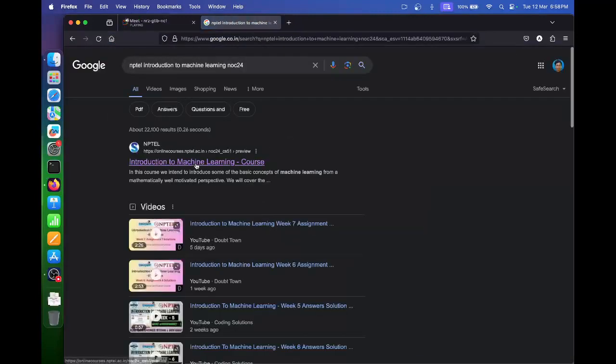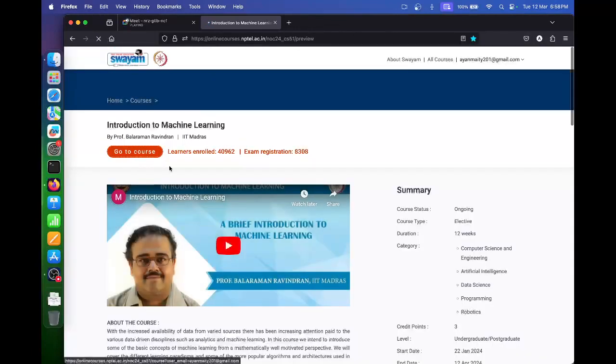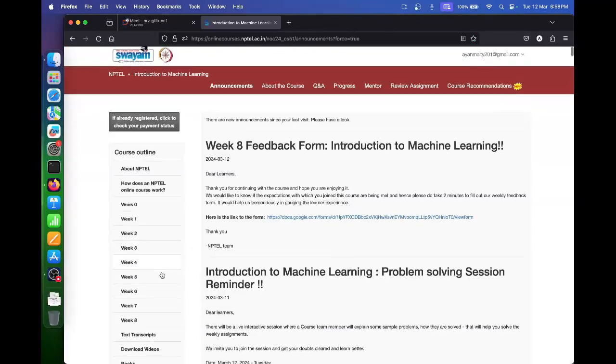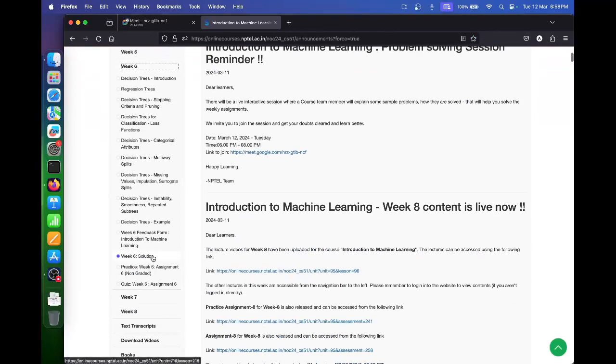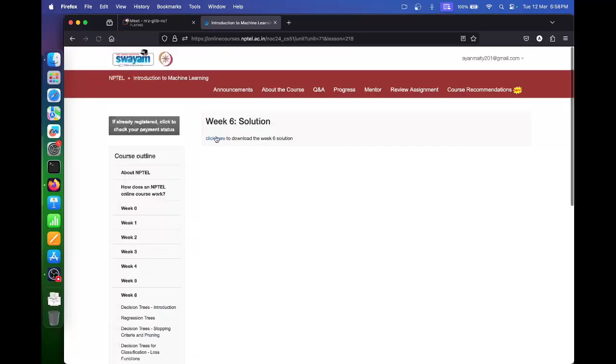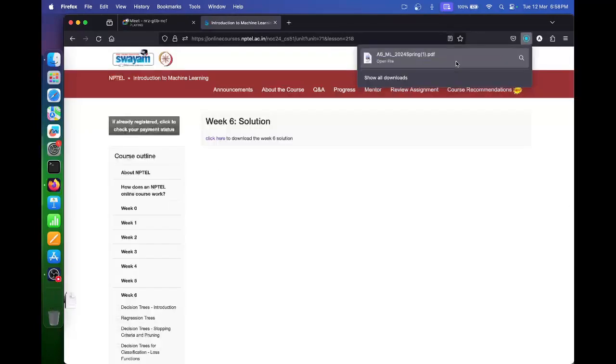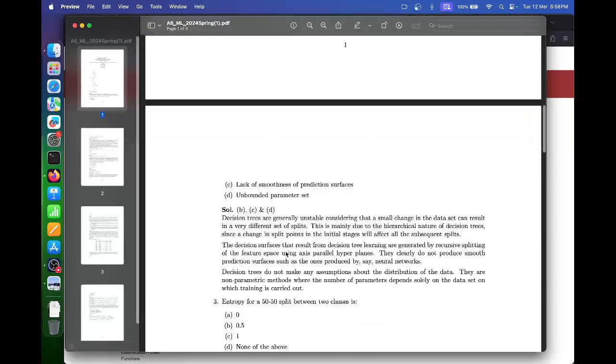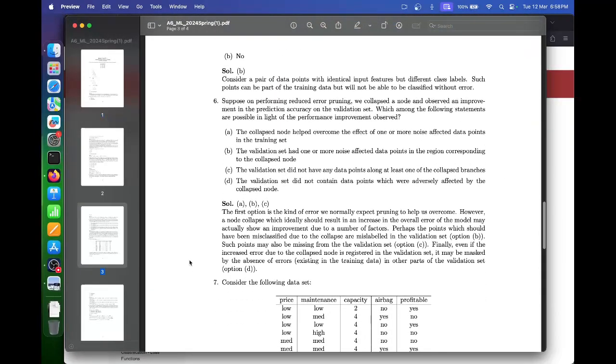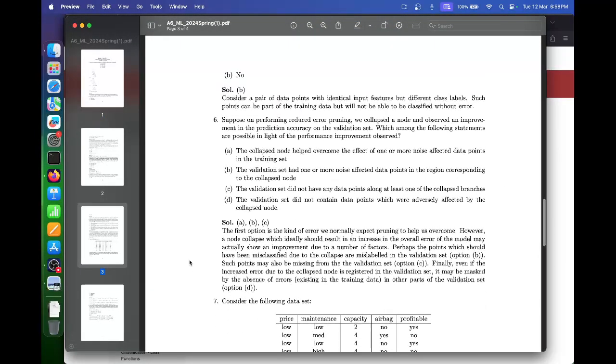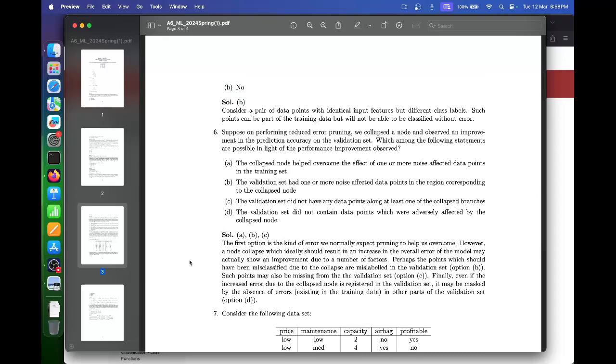It was given ABC are correct, but they have given an explanation in which all the options are correct. Okay, I have opened the solution PDF.